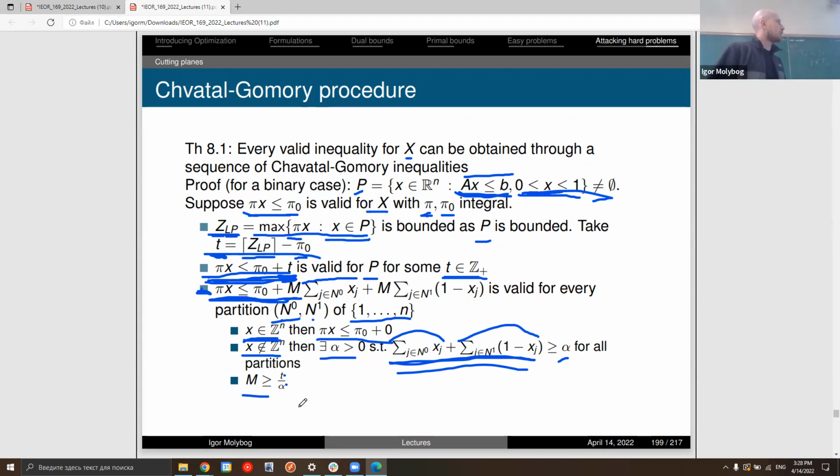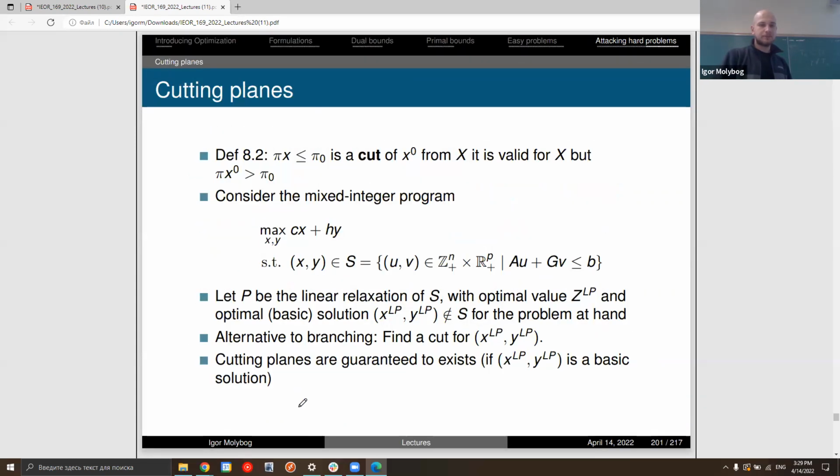Theoretically, you can solve an integer programming problem, any integer programming problem, by just applying the CG procedure and then in the very end solving the LP relaxation, because any valid inequality can be obtained through a sequence of these steps.